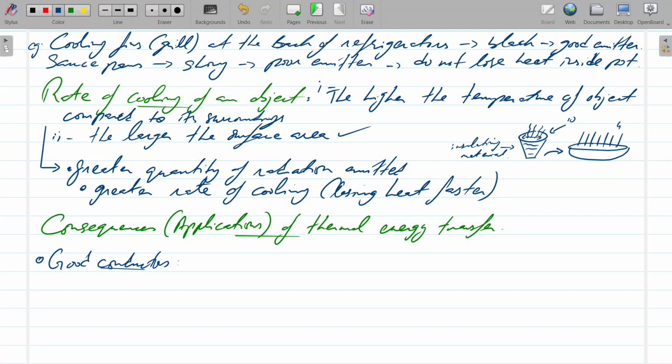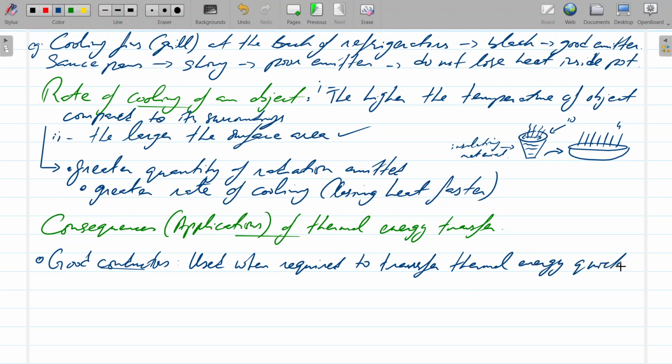And so they are good conductors and transfer thermal energy quickly. So the examples are given in the book. This is the logic behind it. And we know that when we're talking about good conductors, you're basically talking about metals.